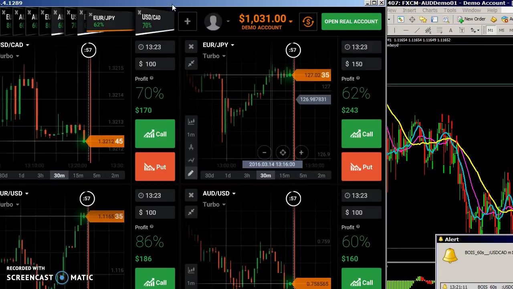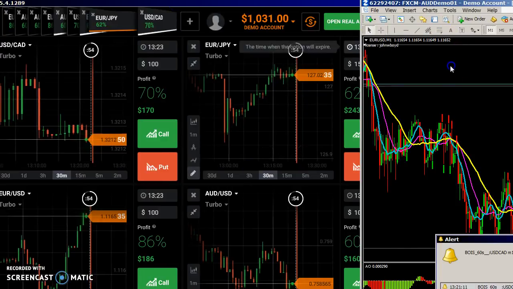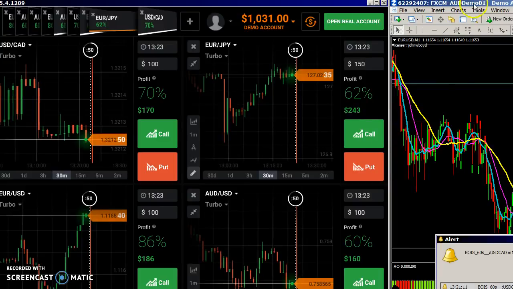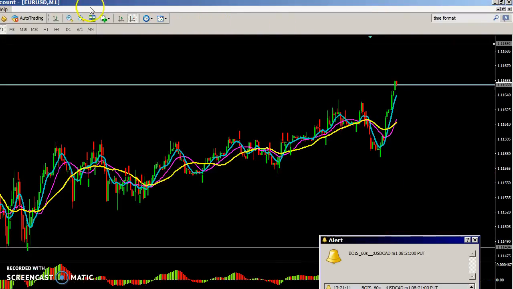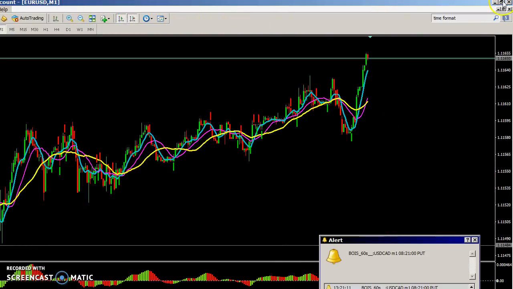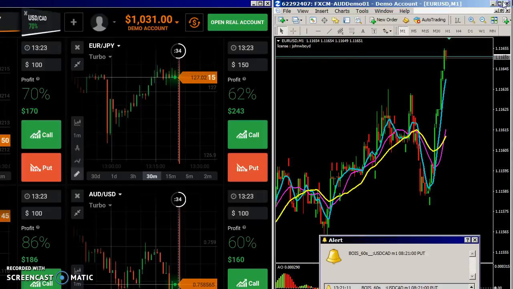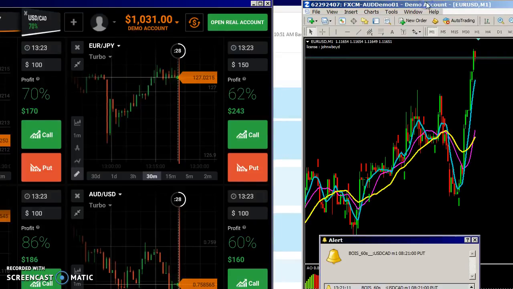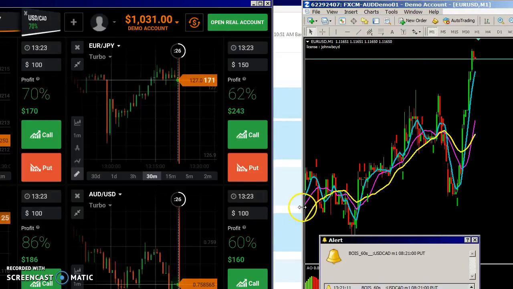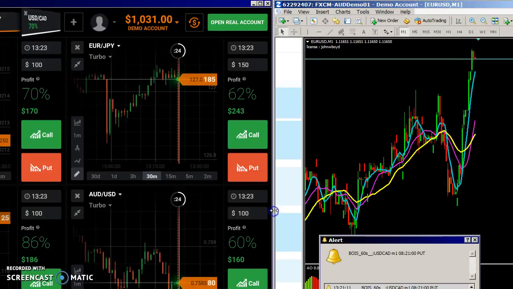Gotta move this over a little. And then I'm going to make sure I have the chart shift on. You can always go back and forth. Go back, scoot it over a bit. You don't need that much chart shift space. And expand it out.